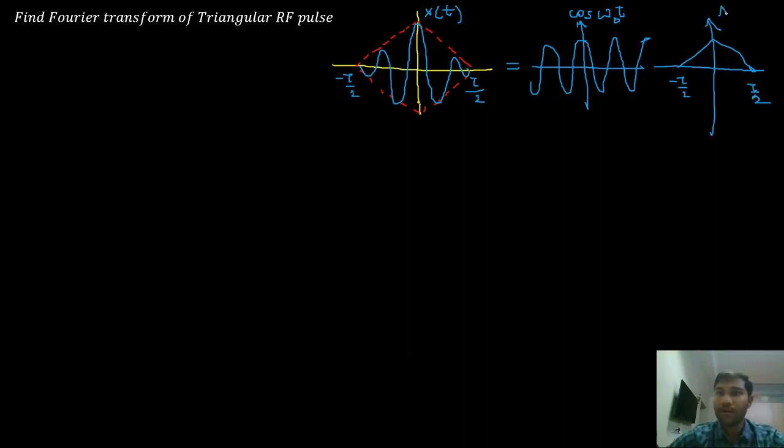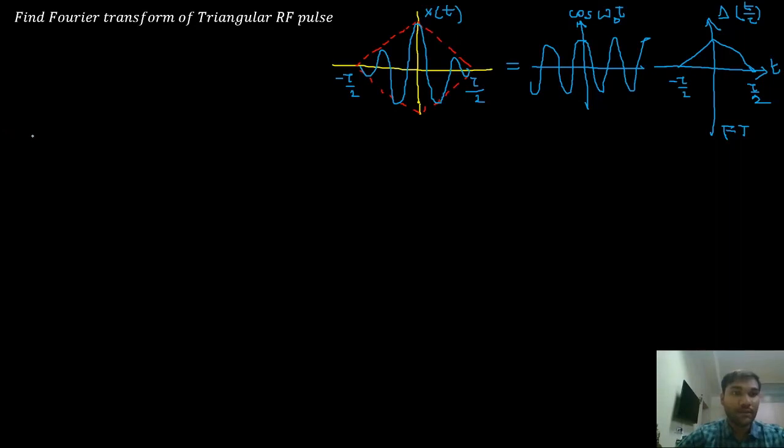This is a triangular function represented by triangle of t by tau, with width tau, right? This is how we represent a triangular function. Now we have to find the Fourier transform of this function, and then find the final Fourier transform for the product.